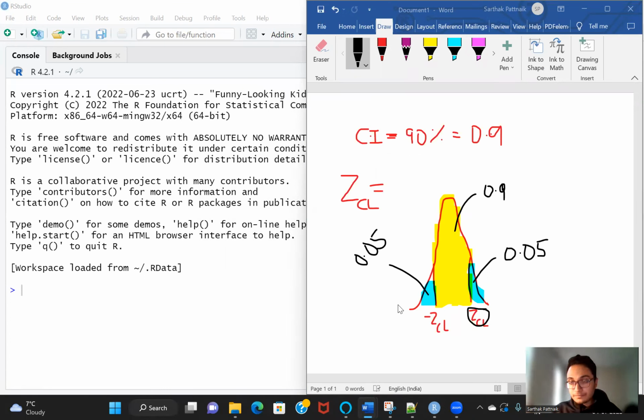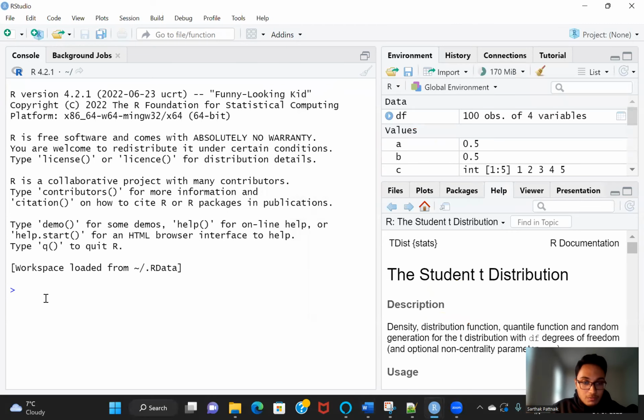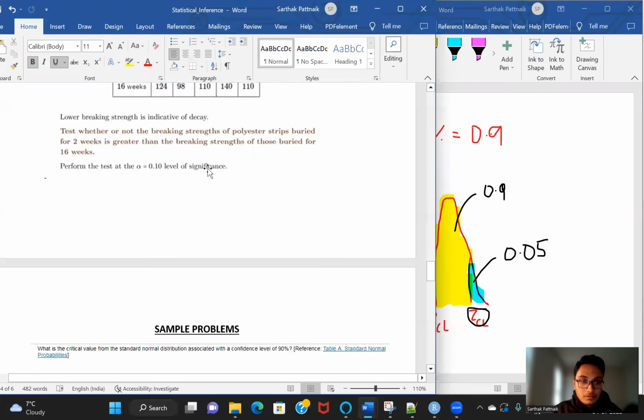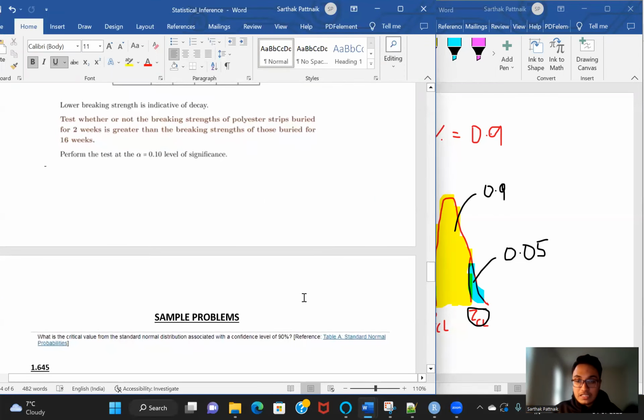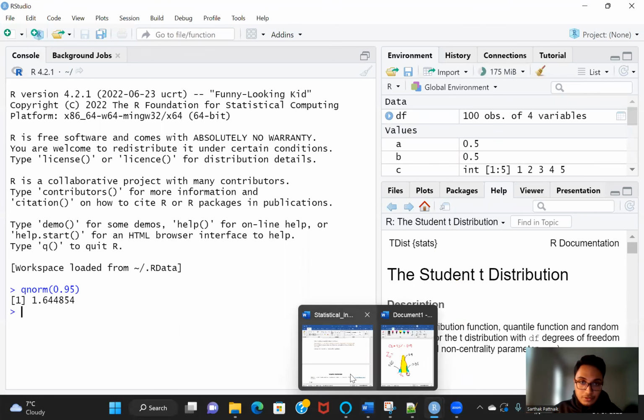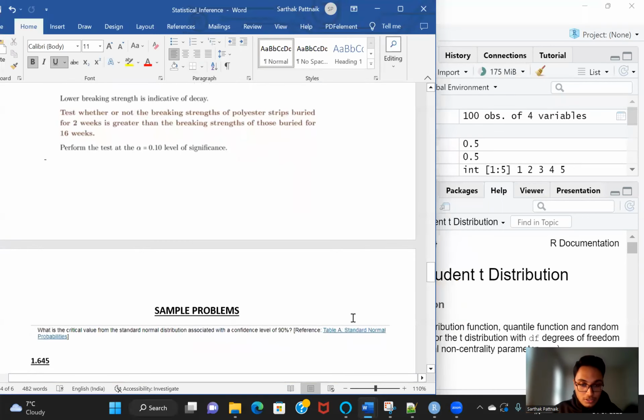We need to find the critical point. And we have a standard normal distribution. So which function in R should we use to do this? The answer to that question is qnorm. So your answer would be qnorm of 0.95. This comes out to be 1.644. Let's check the answer. 1.645, if you round it off to the third decimal place, you will get exactly that answer, 1.645. So this question is solved.